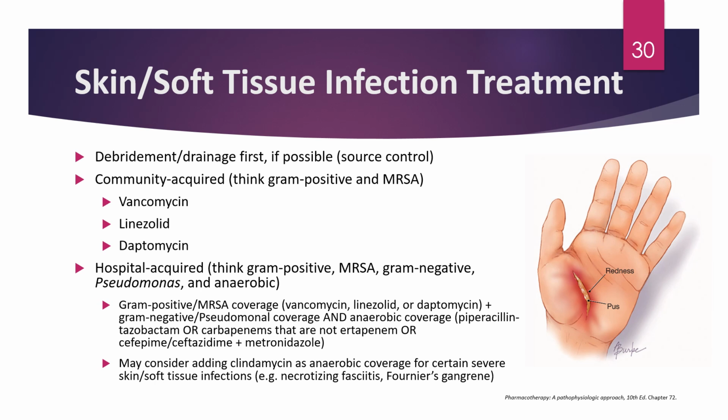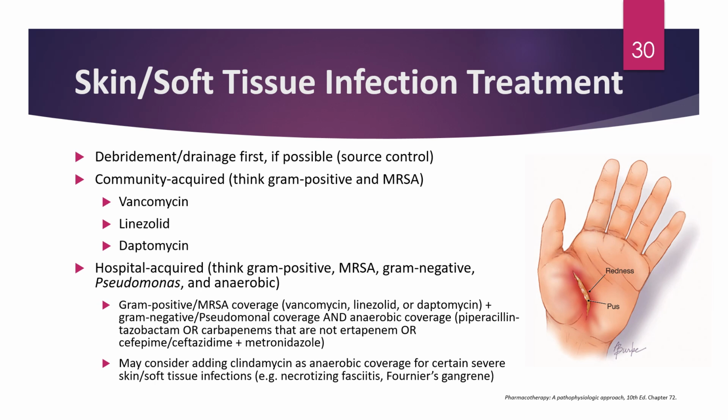For hospital-acquired skin and soft tissue infections, we think about a little bit of everything. This can also apply in some cases to diabetic foot infections, which also tend to get a lot less blood flow. So for gram-positive and MRSA coverage, we have the standard vancomycin or daptomycin. But for gram-negative, pseudomonal and anaerobic coverage, we're going to want to use agents that have coverage for those things.